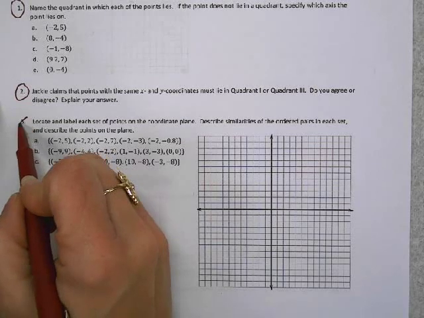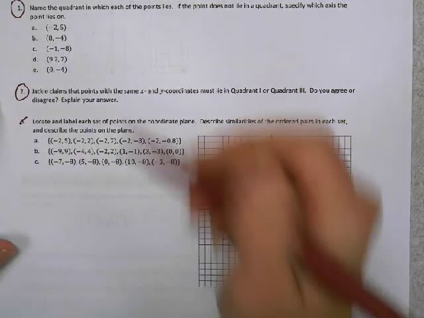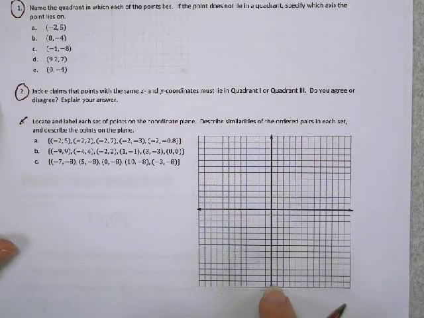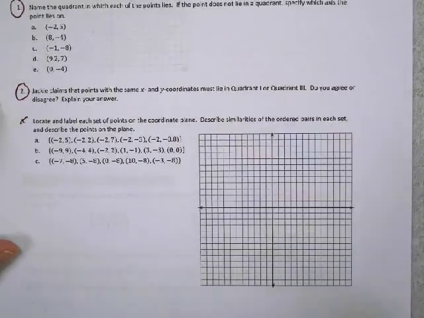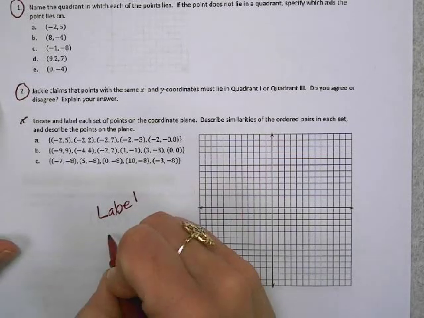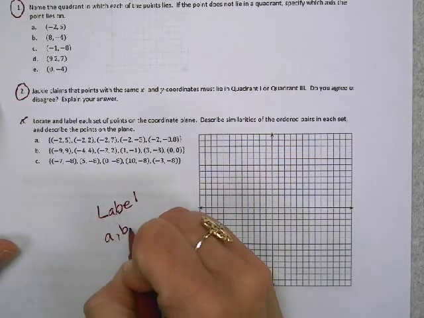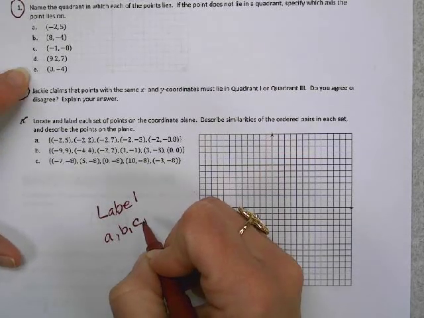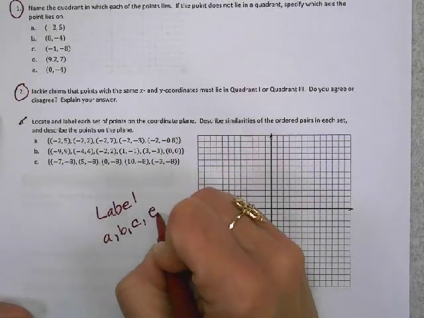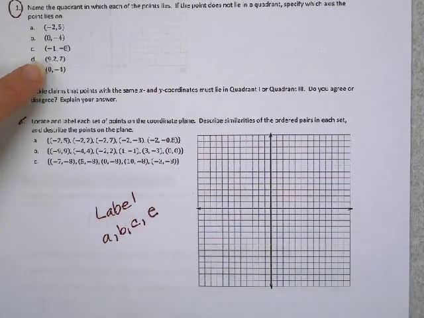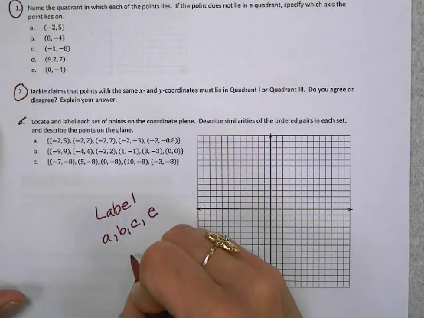I don't want you to do number 3, but I do want you to label these points on this quadrant. So I want you to label A, B, C, and E. D has a decimal point, so I'm not going to have you label D as it stands.